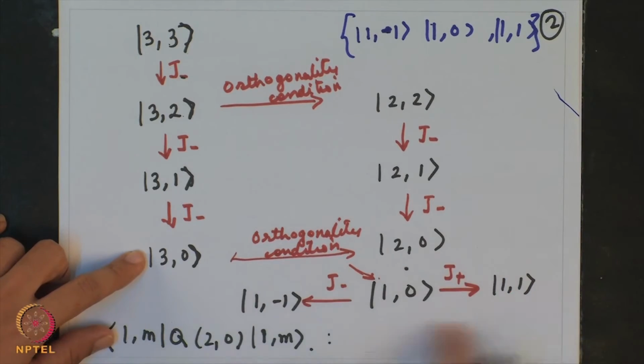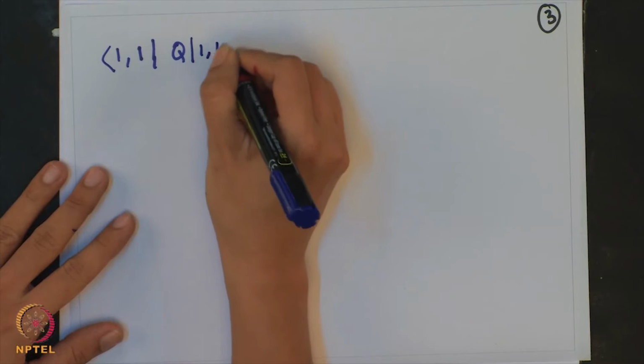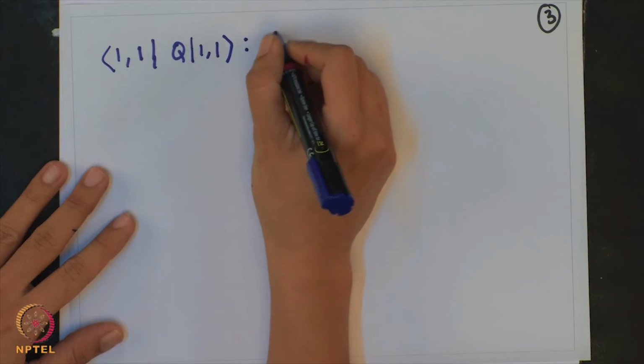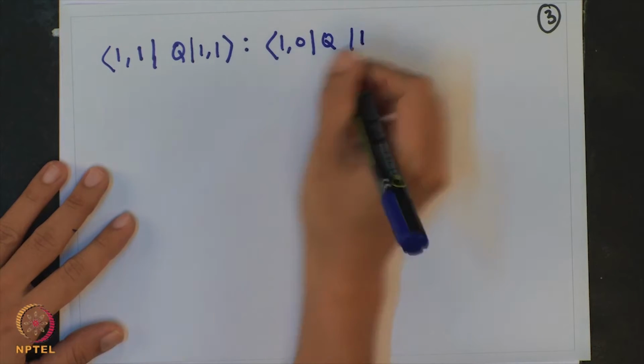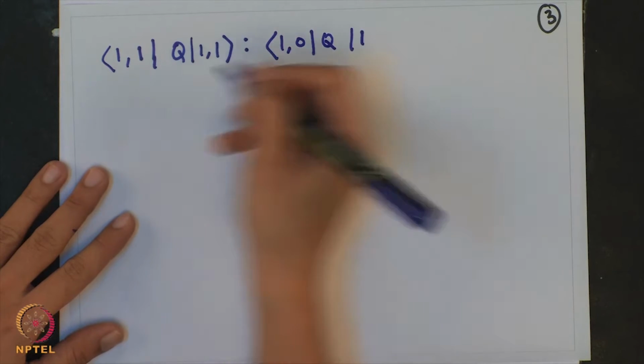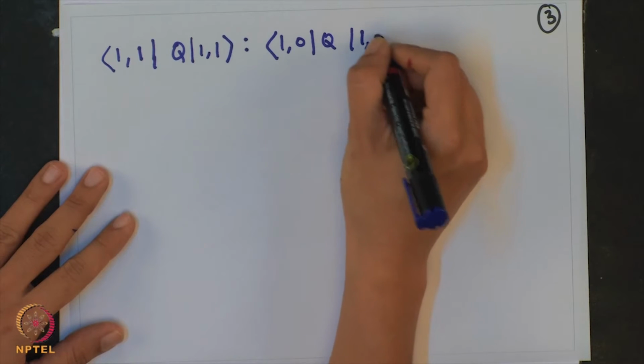So, this is your final end product that is required. The ratio that we want to calculate is 1 1 is to 1 0. I am dropping this q 2 comma 0 term because of space issue.